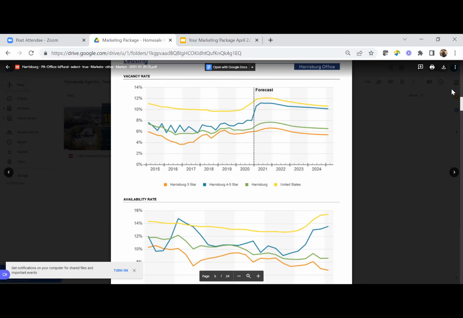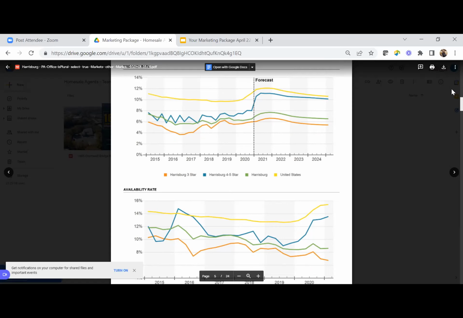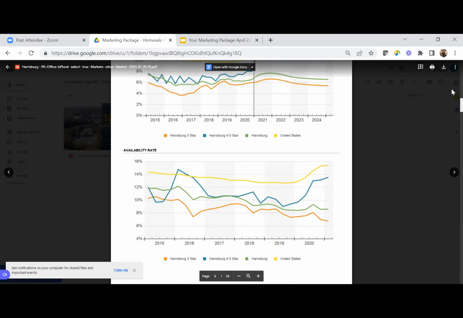So it fared very well given the overall conditions of the rest of the country. You see the availability rate, though, this is the issue. Because it fared very well, there were not a lot of opportunities for a move-up potential. As you can see, the availability rate is actually significantly less.